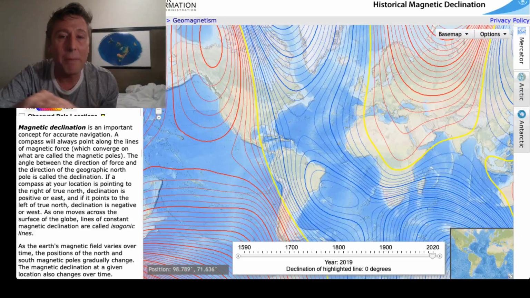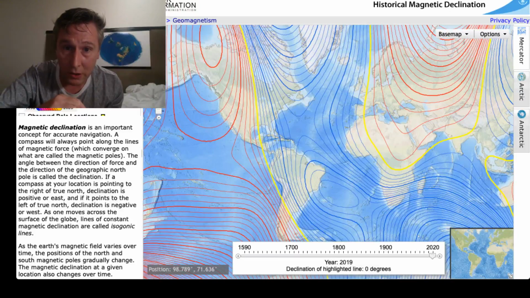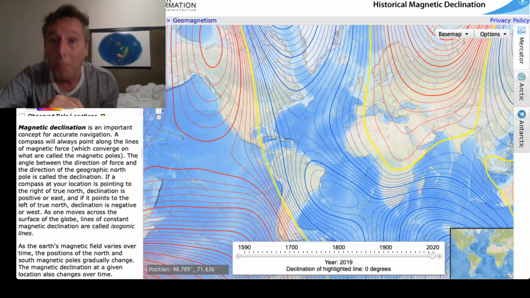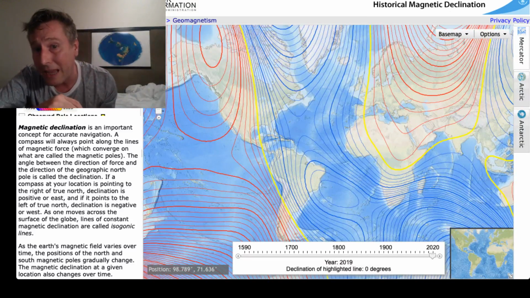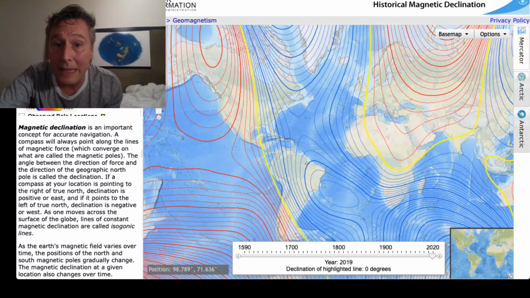The way that these lines are shown is an arbitrary decision. They could show them based on longitude and latitude. They're not. They're based on levels of declination. So 0 degrees, 0.1 or 1 degrees east or 1 degrees west, and that's how they're displayed. You'll notice off the coast of Brazil you have a circle.